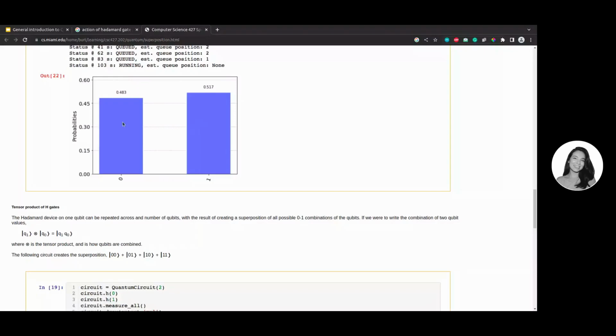Now, of course, this is not a perfect 50%, 50%, because there is an error in the system. But ideally, it would be 50% 0 and 50% 1. If we have a state that is at perfect superposition, this means that when we do the measurement, there is a 50% probability of measuring the state 0, and a 50% probability of measuring the state 1.